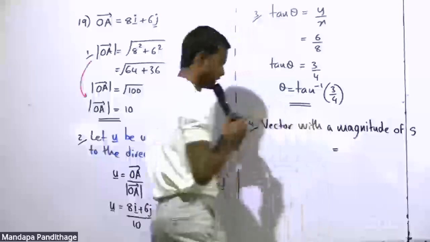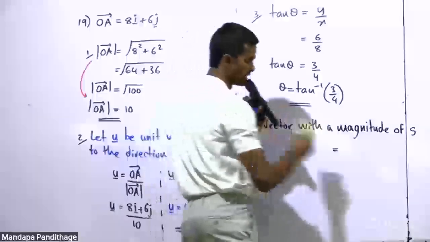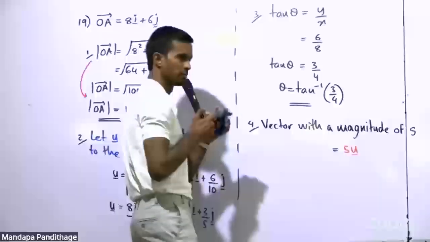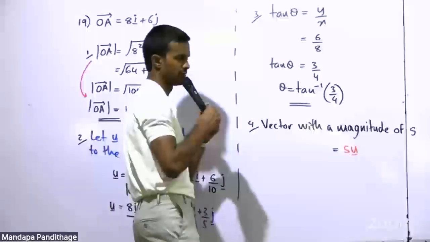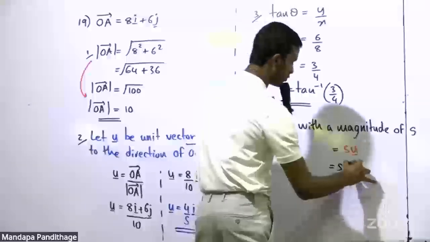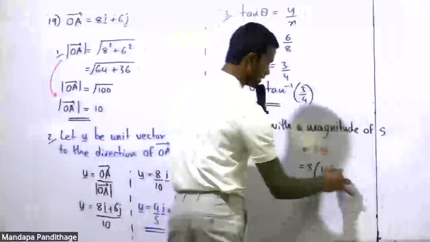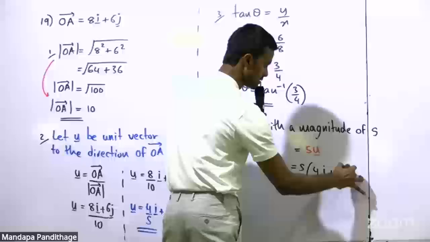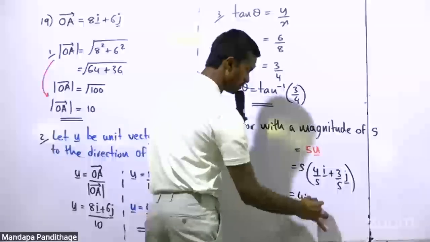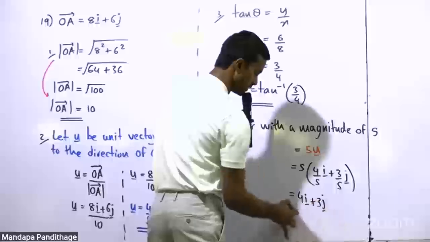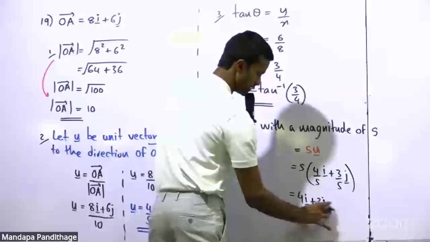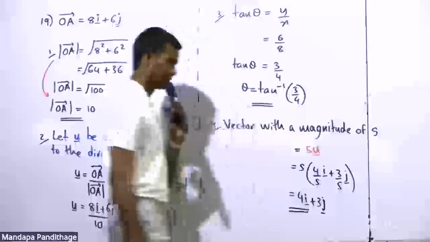If you know the unit vector, you can easily find any vector, same as if you know the price of one mango, you can find the price of any number of mangoes. Then it is 5 times 4 over 5 i plus 3 over 5 j. When you multiply, the 5 cancels off, and it's 4i plus 3j.